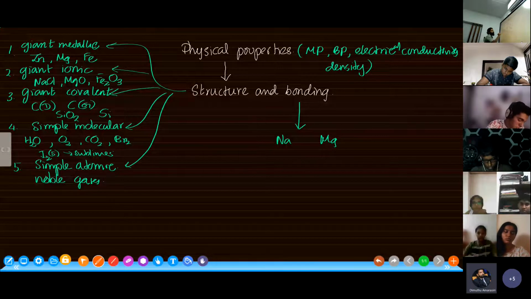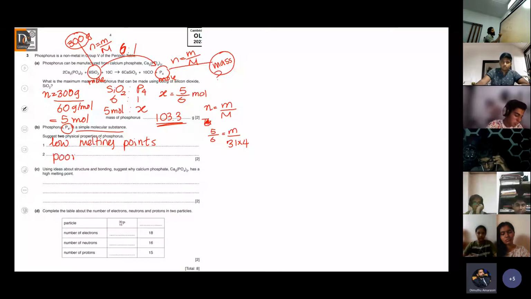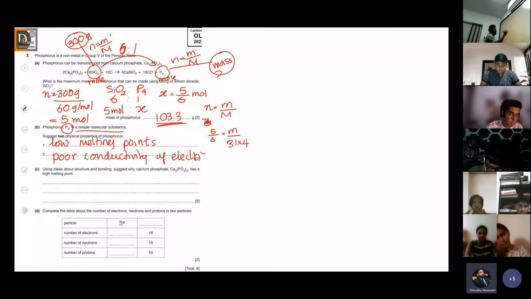Simple molecular structure means it is going to have low melting points, low boiling points, and poor conductivity of electricity, and even heat, right? Electricity and even heat. Low density.